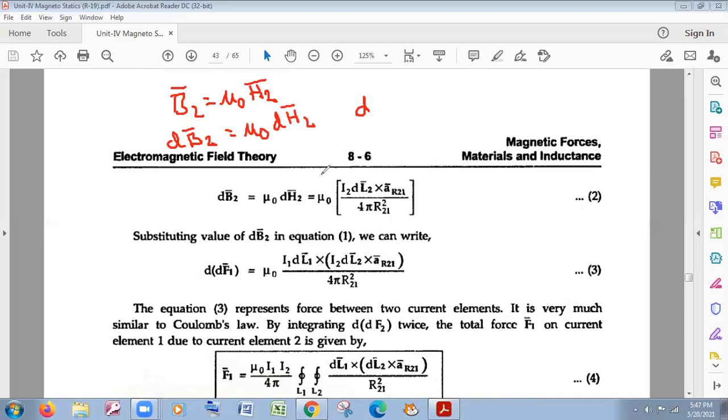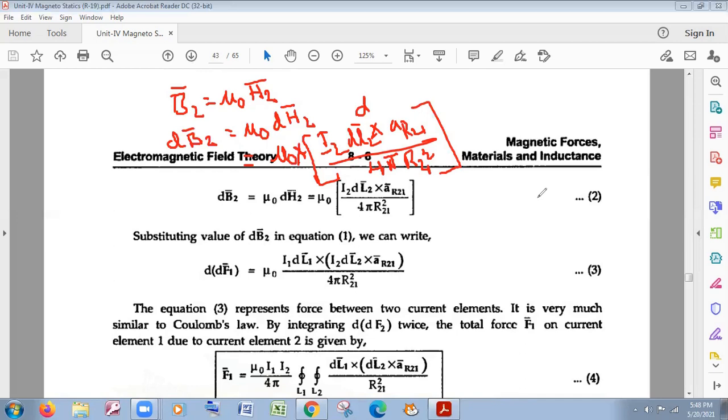What is dH2 bar? According to the Biot-Savart law, dH2 bar is equal to I2 dL2 bar cross aR21 bar by 4 pi R square, where R is R12 bar. We derived this expression at the start itself.